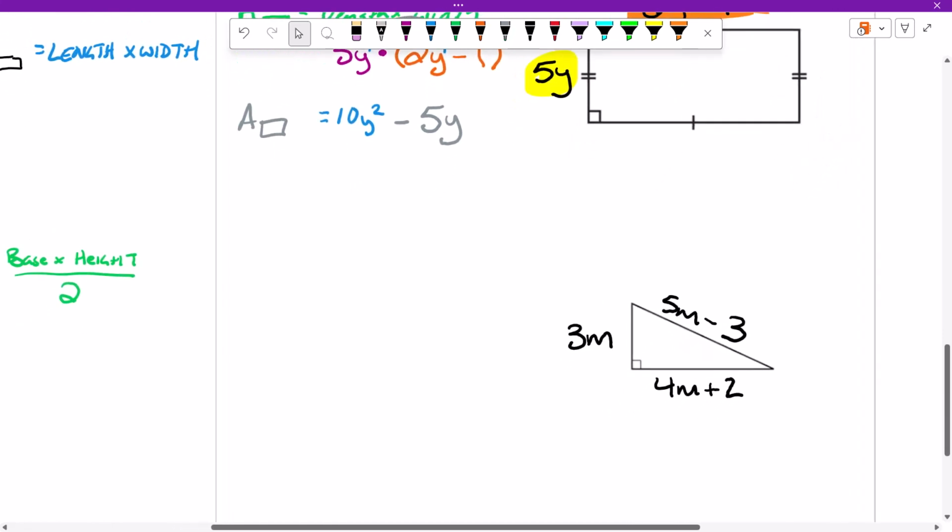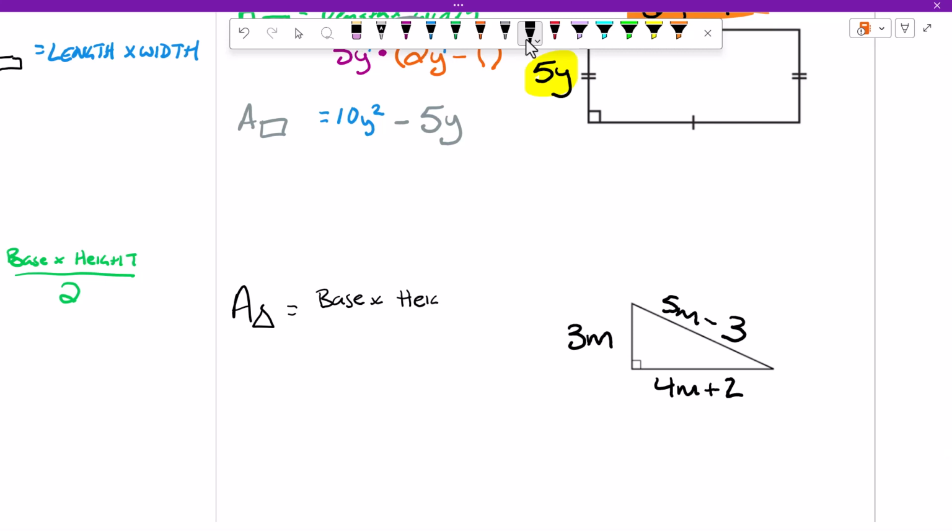Okay, last one. And we're done. Area of a triangle was base times height divided by 2. Okay. There are 3 sides of the triangle, but we're only using 2 of our formulas.